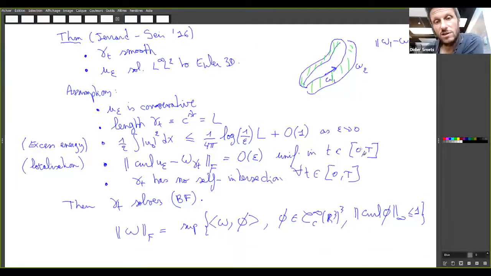So in the next hour, what I will do is take a straight vortex. When we have this curve, you take a little piece here and you zoom in, because the thickness is epsilon.